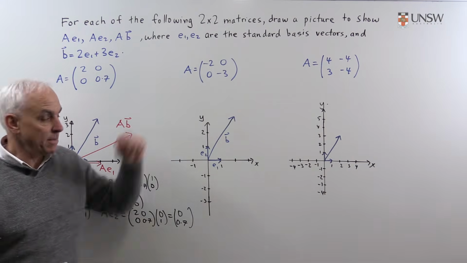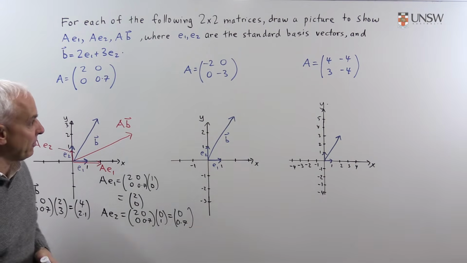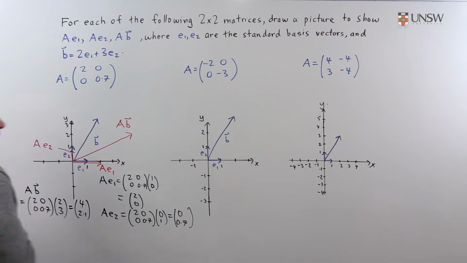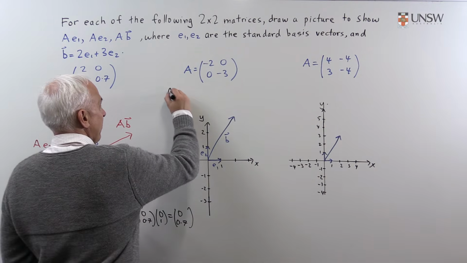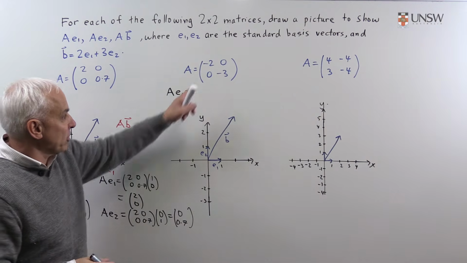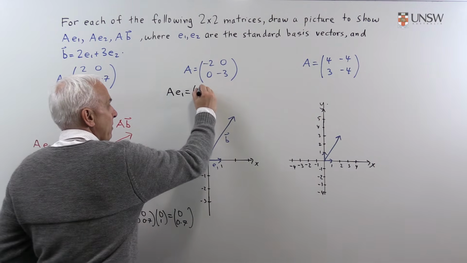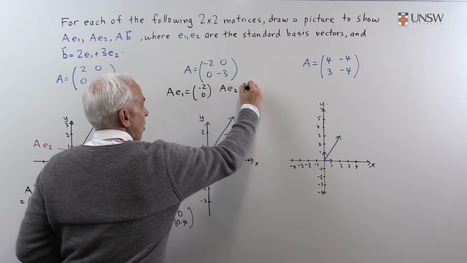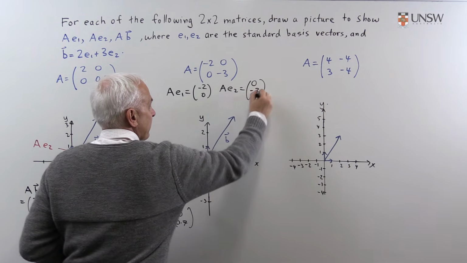All right, let's have a look at the same situation here, but we'll just write down some things. So let's compute A times E1. A simpler way of doing this is just to observe that that's going to be the first column, minus 2, 0, while A of E2 is the second column, which is 0, minus 3.